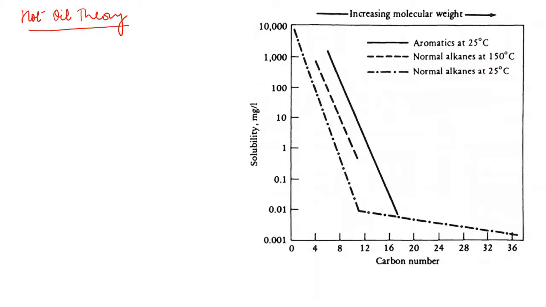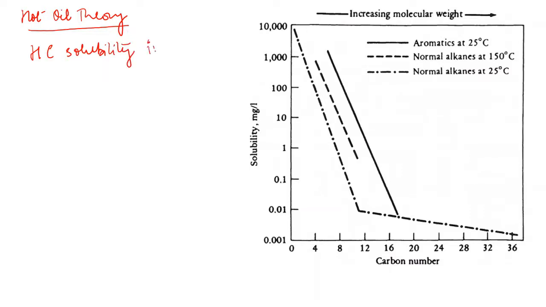Of course, this data is not very appropriate. It was also shown that hydrocarbon solubility increases with decreasing carbon numbers for both normal alkanes and aromatic series.